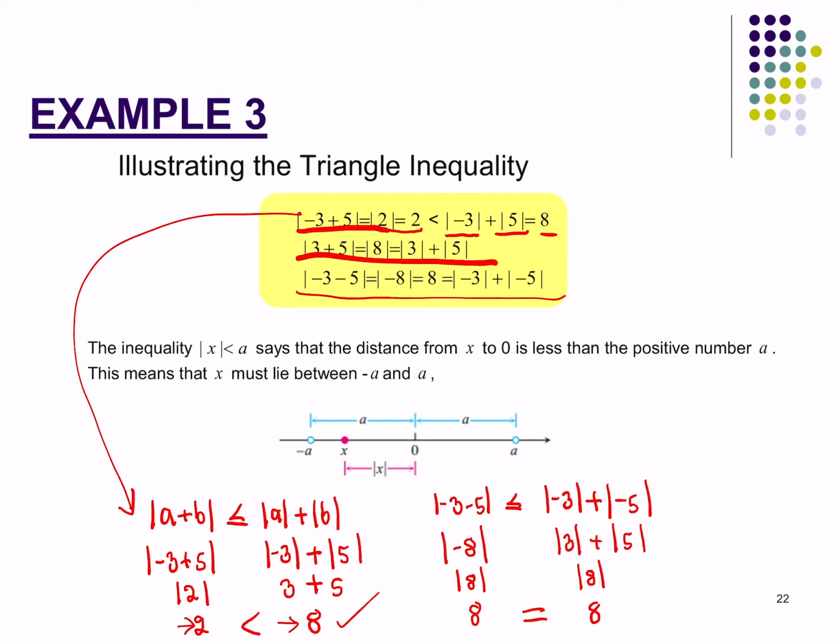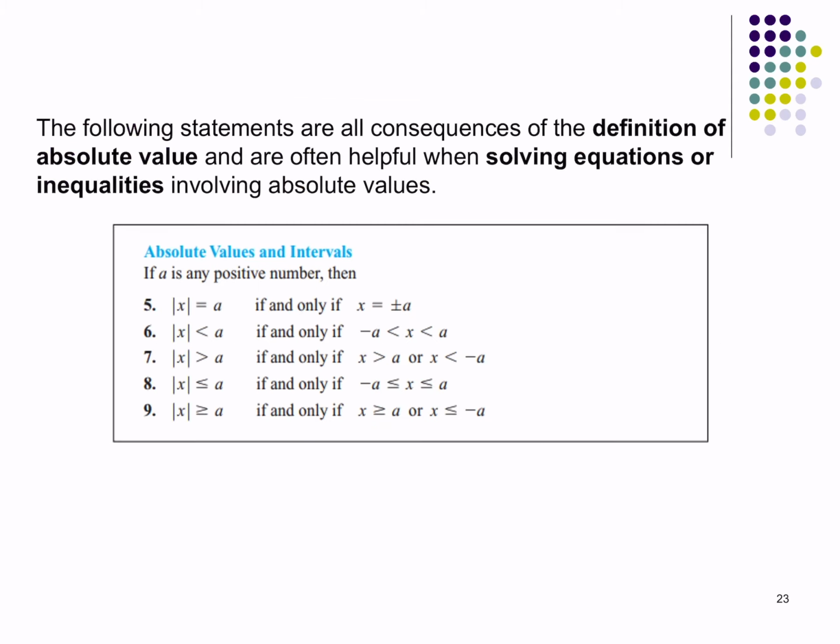So you can see that if we apply the triangle inequality, or rule number 4 of the absolute inequality, we will get either the less than solutions or the equal solutions. And then you can find the distance between one value and another value by using the absolute sign, right?